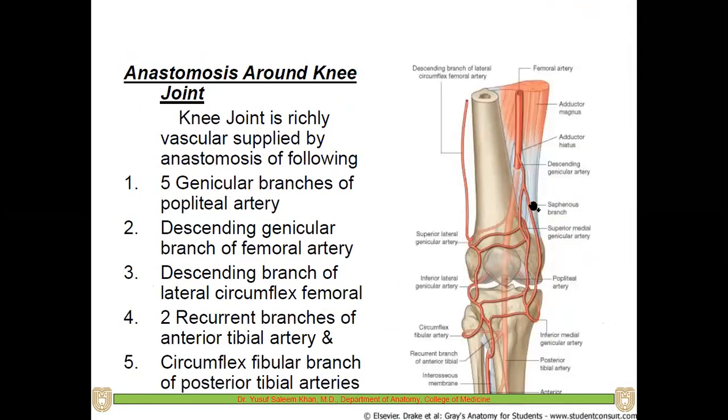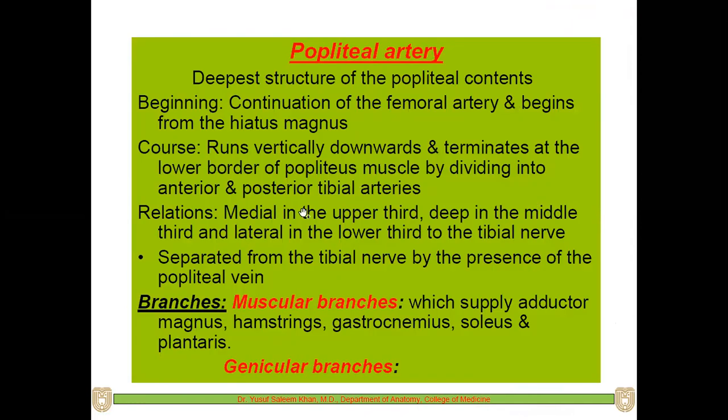So that is some of the relations: medial in the upper third, deep in the middle third, and lateral in the lower third, in relation to the tibial nerve.